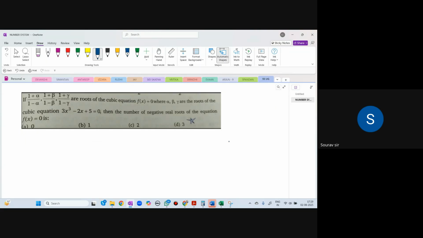Now we come to another type of equation, which is a cubic equation. Though I'm showing this example with a cubic equation, it can be applicable to a quadratic also. Same concept.